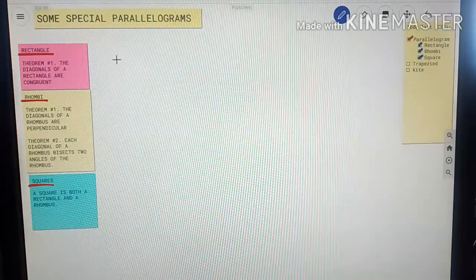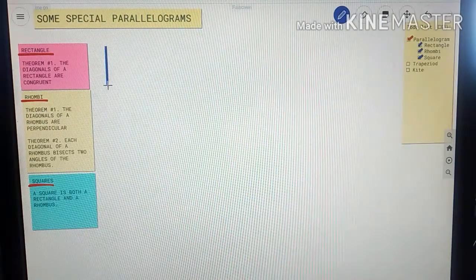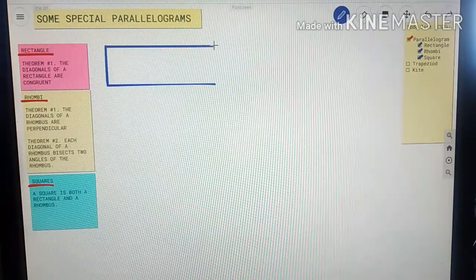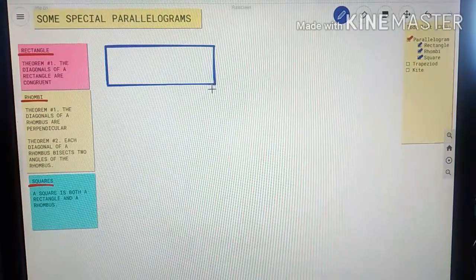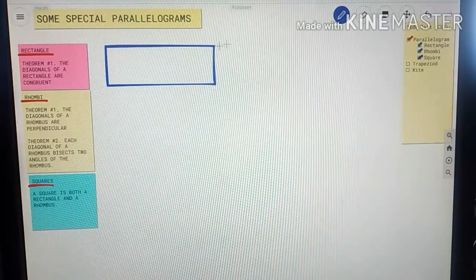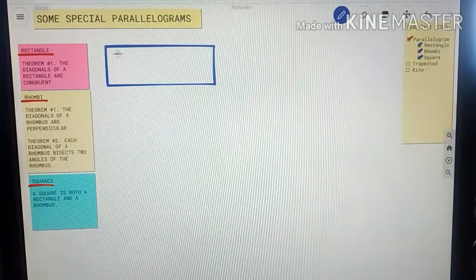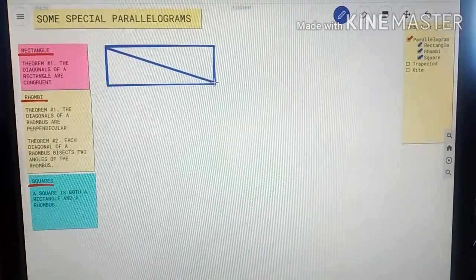So let's have rectangle first. So here, rectangle. The diagonals of a rectangle are congruent. The diagonals.